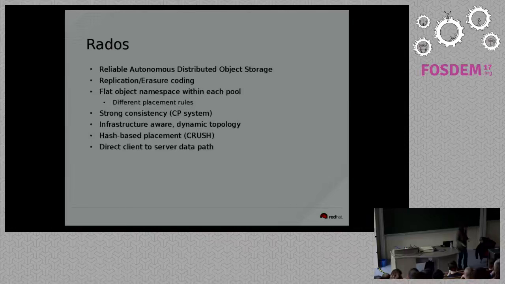Ceph is a strongly consistent system, and it's software defined. That means it's aware of the infrastructure and the topology, and you can match it to different architectures and systems. For placement, we have a hash-based algorithm with no lookup called CRUSH. And we want performance, so we serve the data directly to the client.